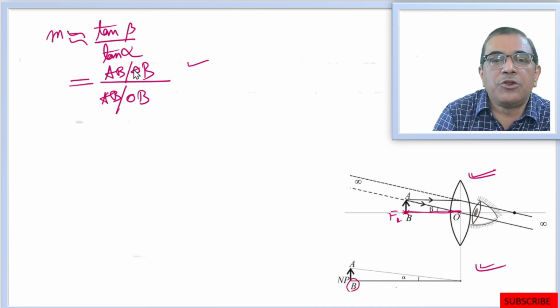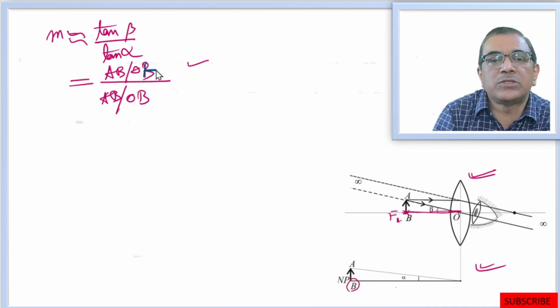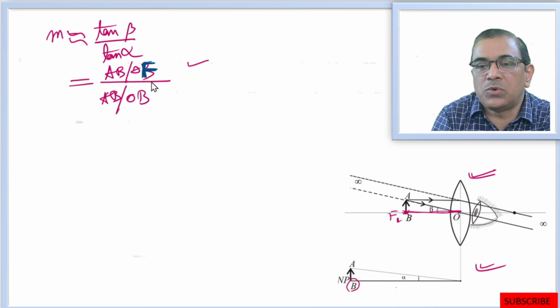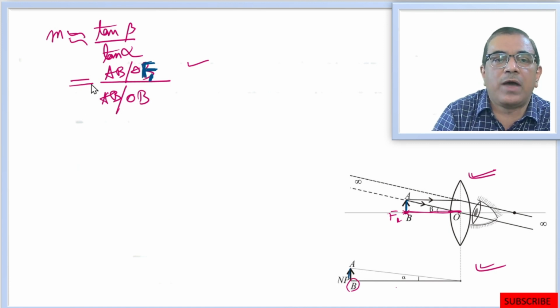So this OB cannot be cancelled with this OB. So I will prefer writing this OB as OF. Is it okay? I hope you understand why I wish to write OB of the numerator as OF or OF1. Further, the size of object in this figure and the size of object in this figure have to be the same. So I need not change AB of numerator and AB of the denominator. So AB and AB will get cancelled.